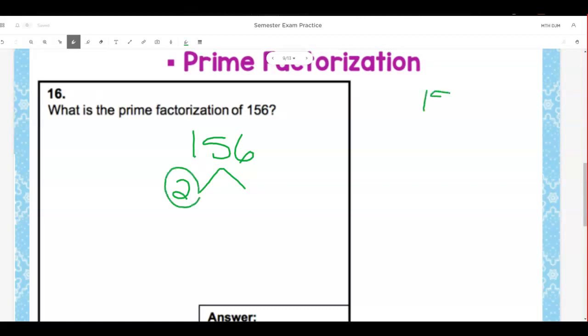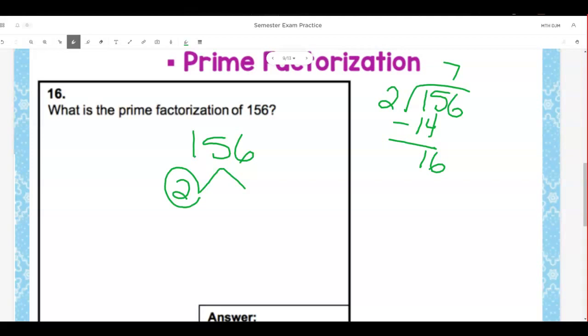So 156 divided by 2. How many times can 2 go into 15? 7, 6. Yep, thank you. 2 times 7 is 14. We're going to subtract 1. Bring down the 6. How many times can 2 go into 16? 8.